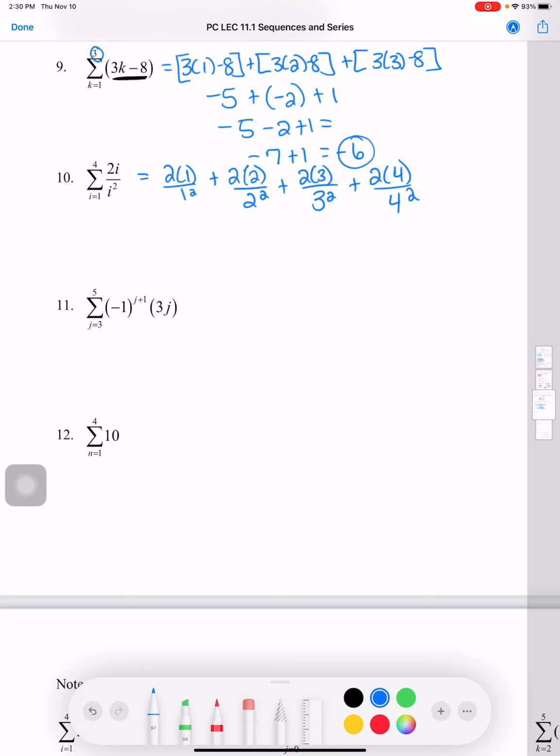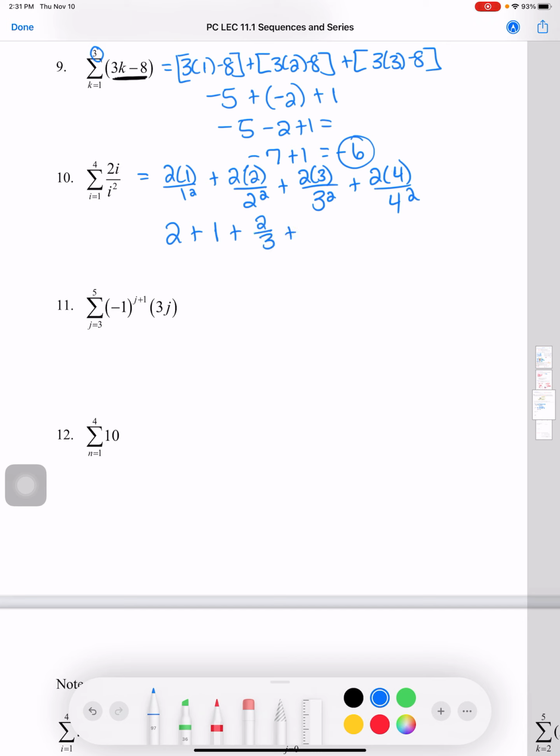And, guys, we could put this in the calculator, but let's see if we can simplify this a little bit. This would give us 2 plus, 2 times 2 is 4, 2 squared is 4, so that's 2 plus 1 plus 6 divided by 9. 6 divided by 9 gives me 2/3.